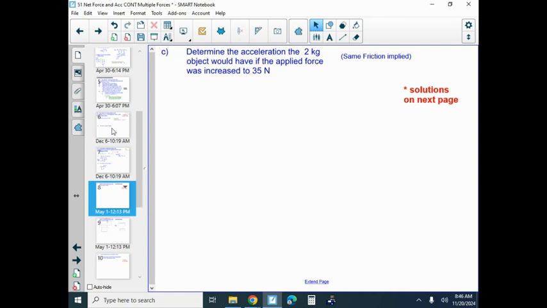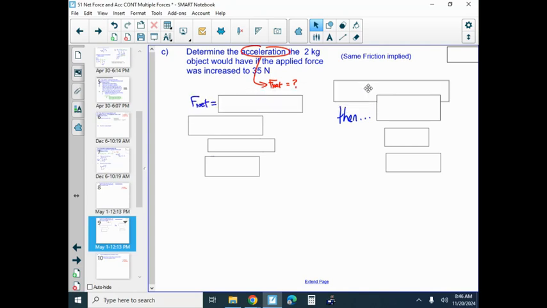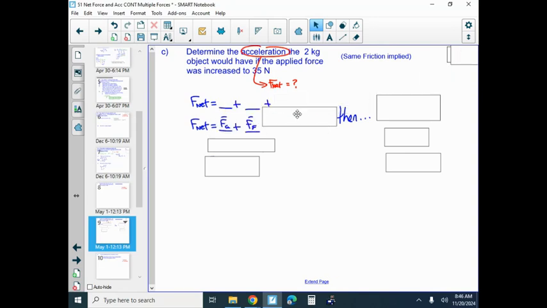Part C. Determine the acceleration the 2 kilogram object would have if the applied force was 35 newtons instead. We want acceleration, right? So we should be thinking, okay, F net equals, figure out what F net is. Now we've got an applied force and a friction force adding up, leaving it open for more forces, of course, as always.